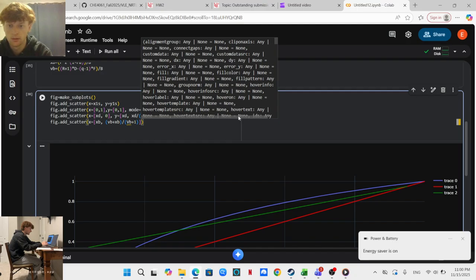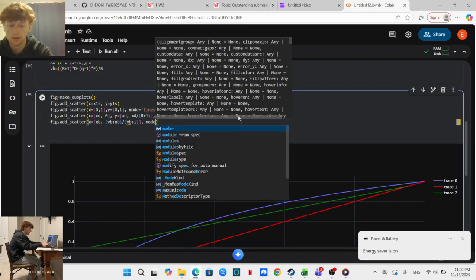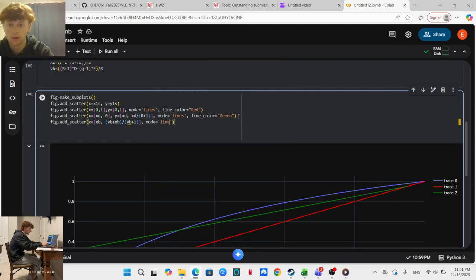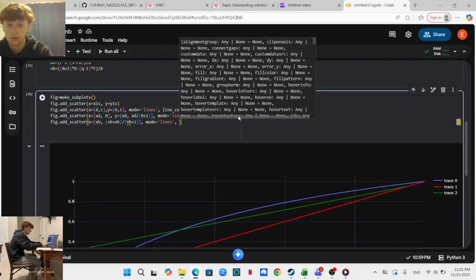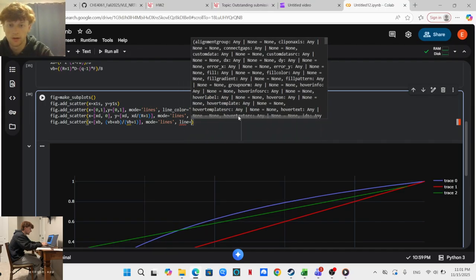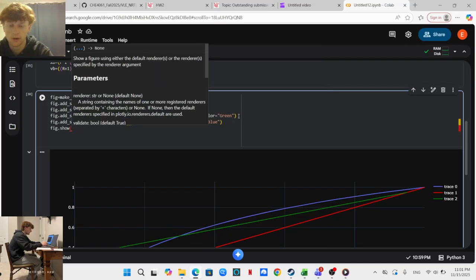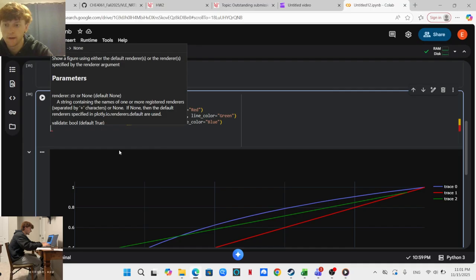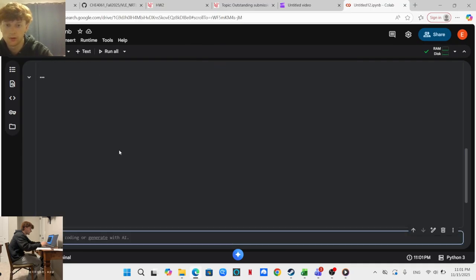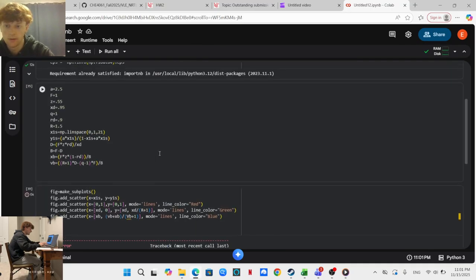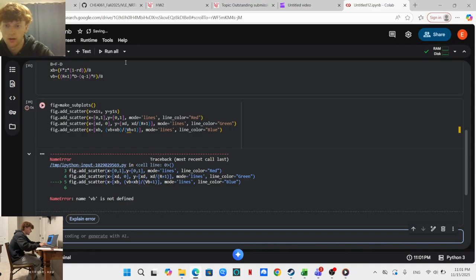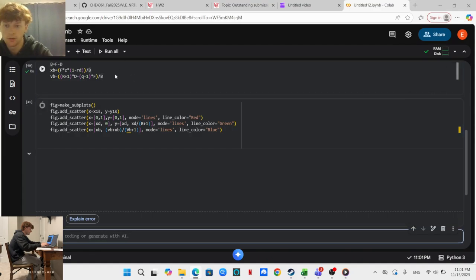Okay, and then we can do mode equals lines, and then line color, blue's fine. Okay, and we can see if this works. It says it's not defined, so I do shift enter up here.